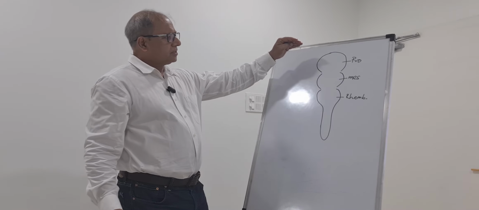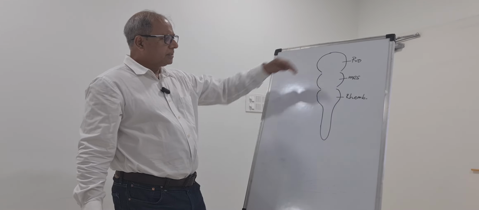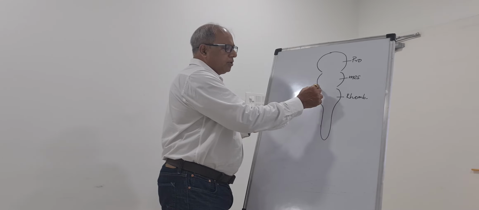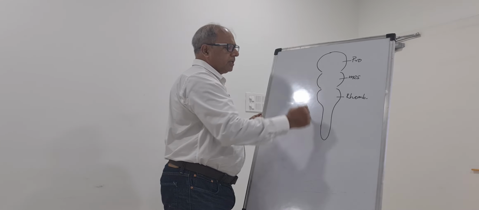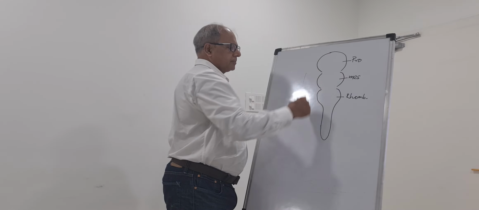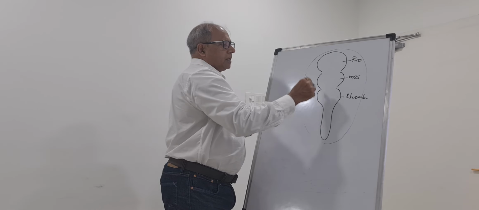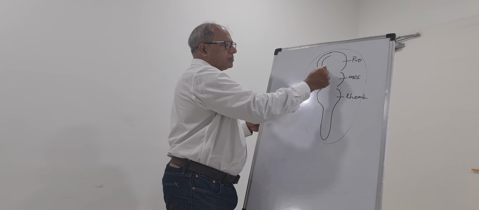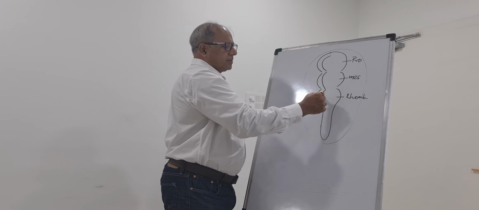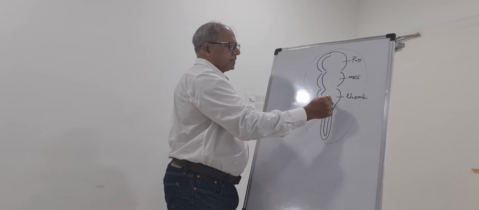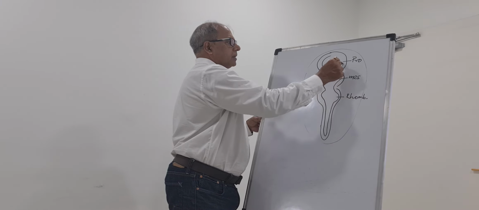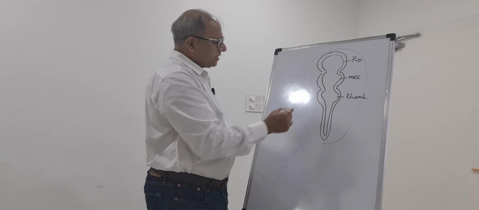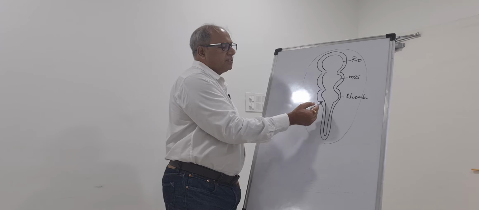Now what happens during the development? This neural tube develops over the embryonic plate. The neural tube also has a wall, a thickness, and this thickness is the tissue which makes the neural tube.